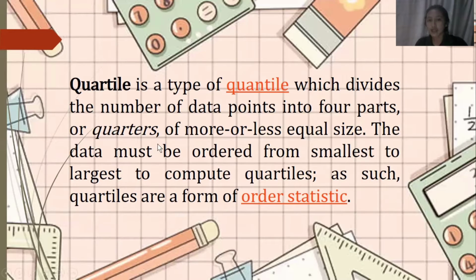So it divides the data into 4 parts. Then the data must be ordered from smallest to largest to compute quartiles. Quartiles, as it sounds phonetically, is a statistical term that divides the data into 4 equal parts in order to locate where the data is located.